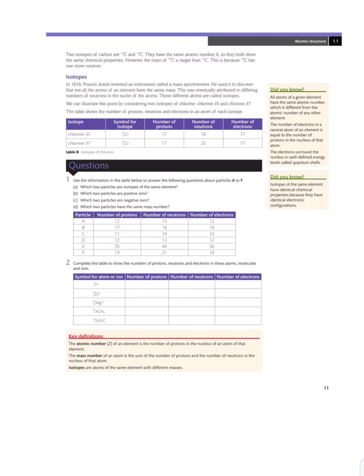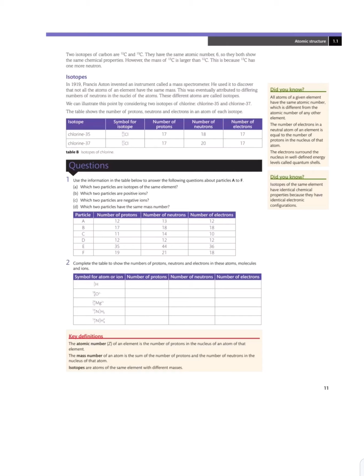Isotopes. In 1919, Francis Aston invented an instrument called a mass spectrometer. He used it to discover that not all the atoms of an element have the same mass. This was eventually attributed to differing numbers of neutrons in the nuclei of the atoms. These different atoms are called isotopes.